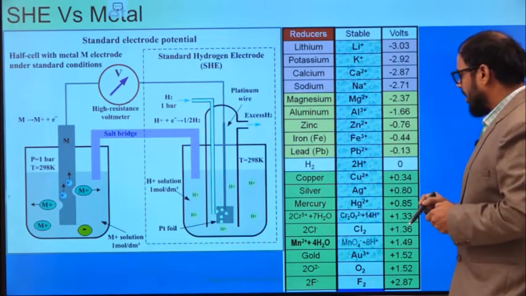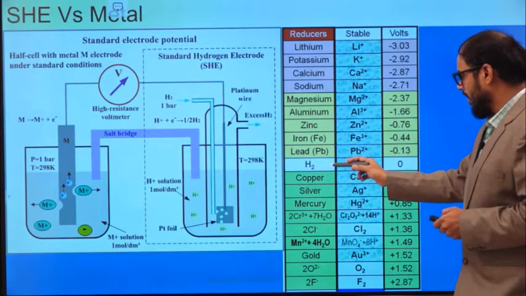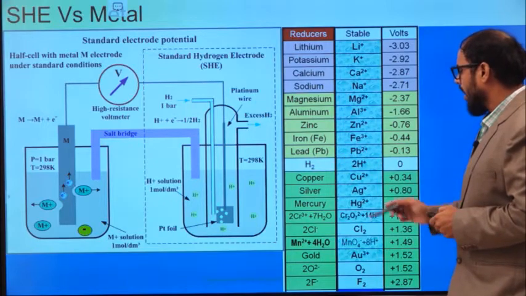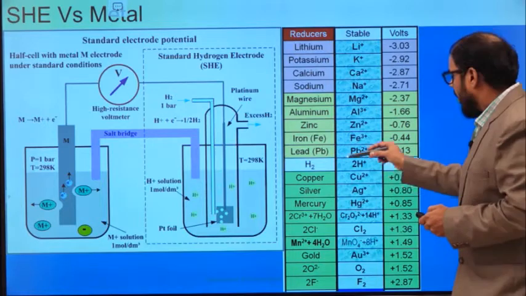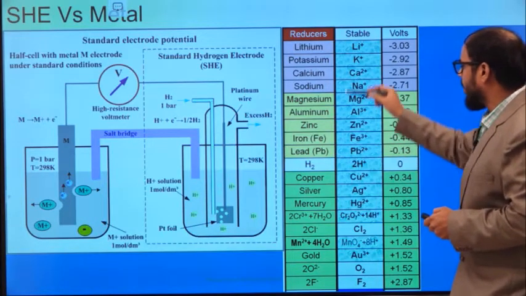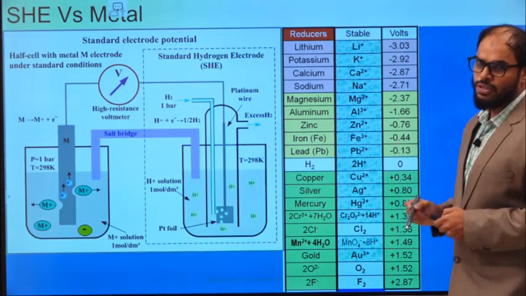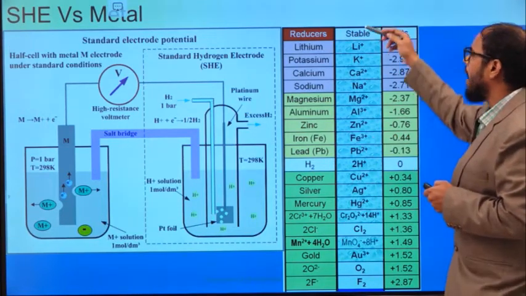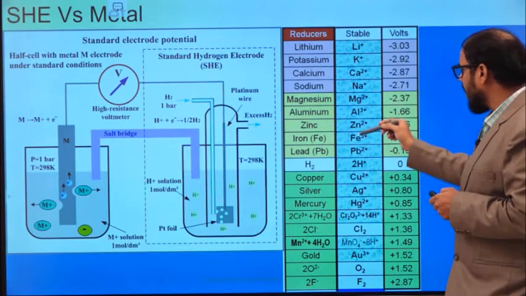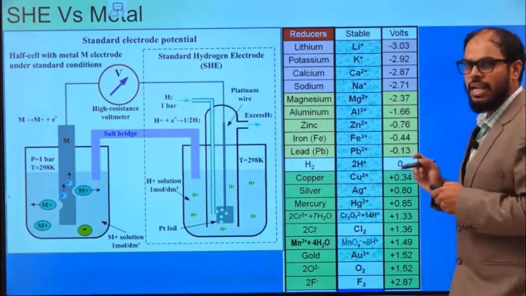In the electrochemical series, we know that the redox reaction of H plus ions converting to H2 gas has been given 0. The metals placed above hydrogen are electropositive elements, and they act as anode. When they act as anode, the SHE electrode will act as cathode.